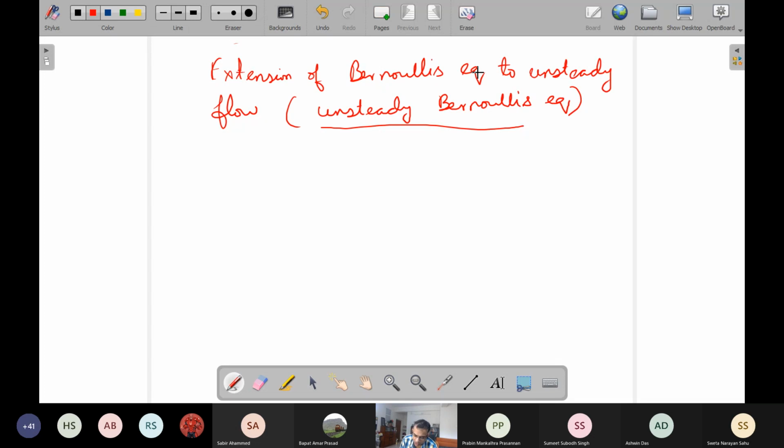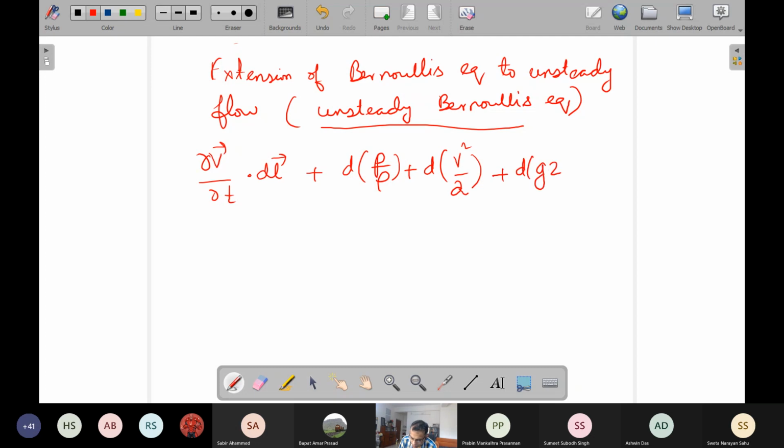So what I will do is write that equation from which the Bernoulli's equation came, after retaining the unsteady term, which we dropped in the previous derivation.